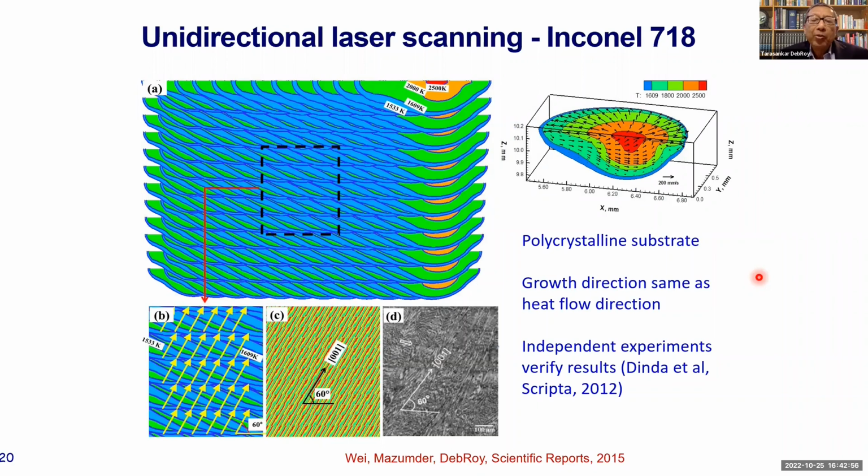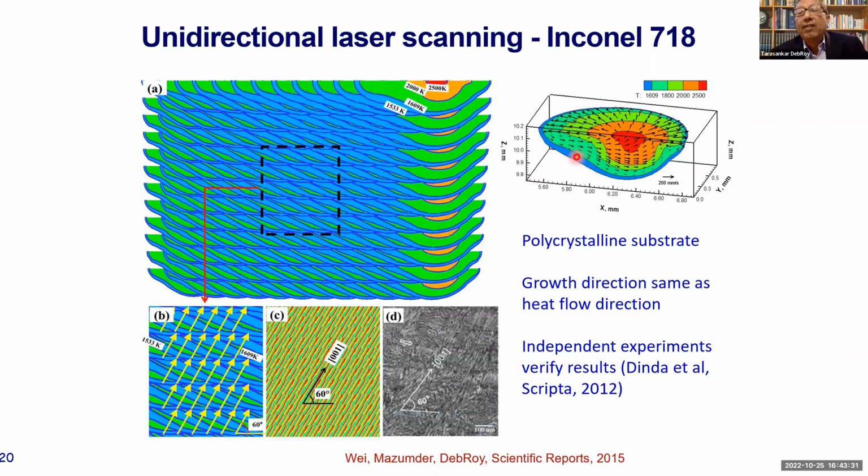I want to show you some research we published 7 years ago in collaboration with Professor Muzumdar of this department. Late Professor Muzumdar, I must sadly say. But what I'm showing you is unidirectional scanning from left to right always. And what you get is a fusion zone like this.